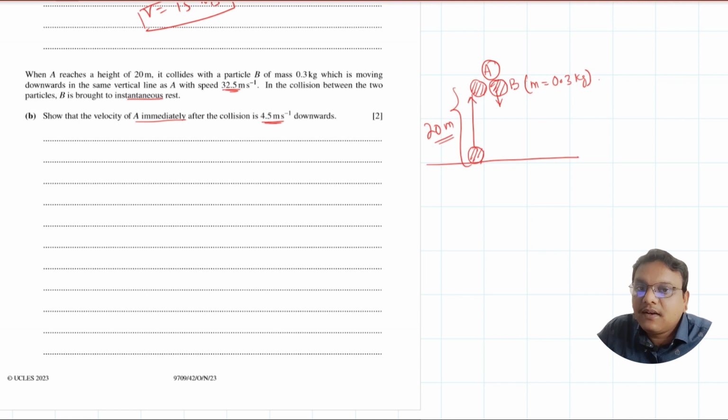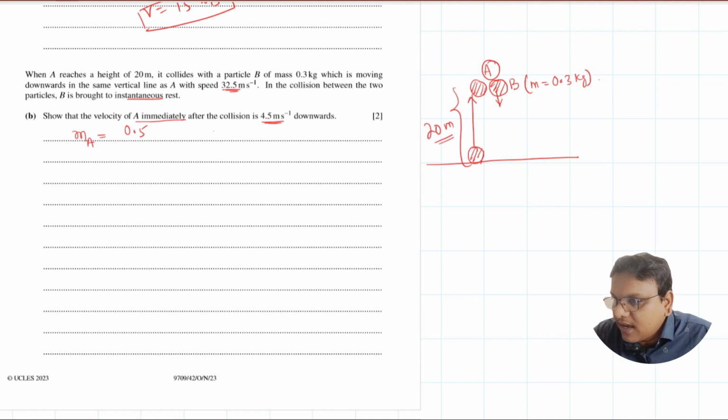When the question is given about collision, definitely we are going to use the concept of momentum, conservation of momentum. Before that, let me write the data first. If you see, mass of A, meaning particle A, is given as 0.5 kg, and mass of B is given as 0.3 kg.